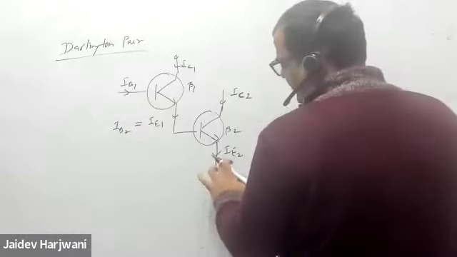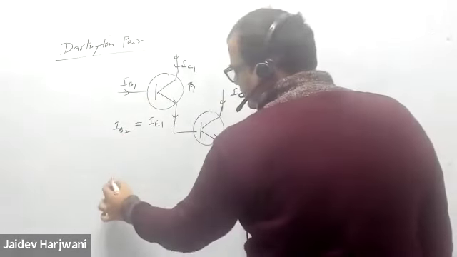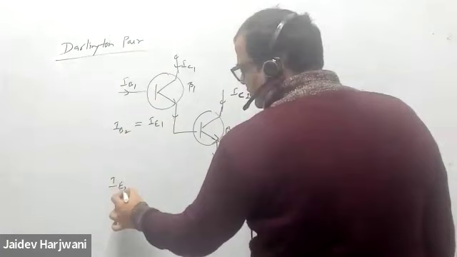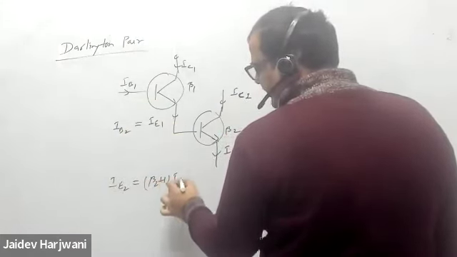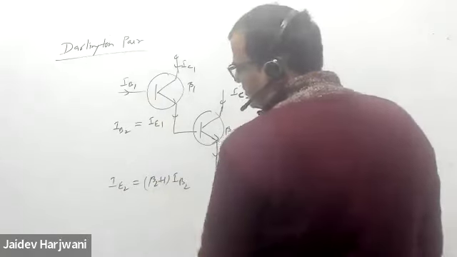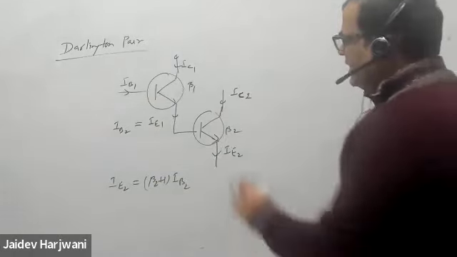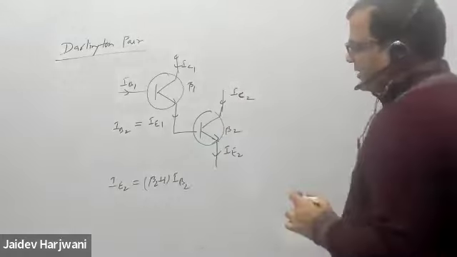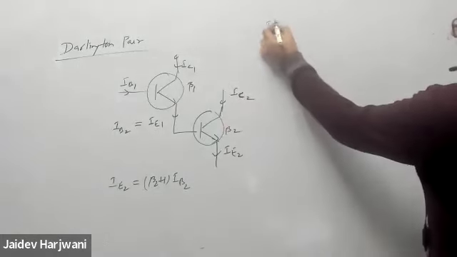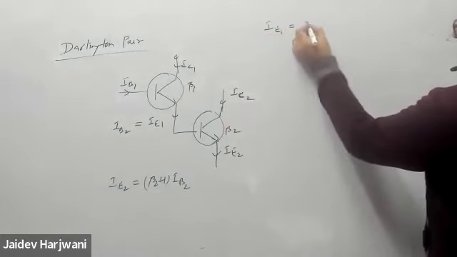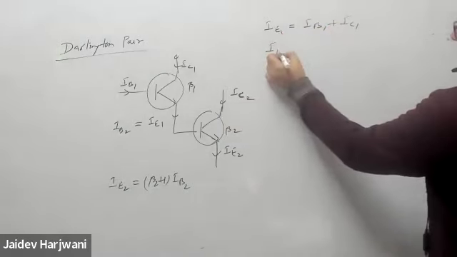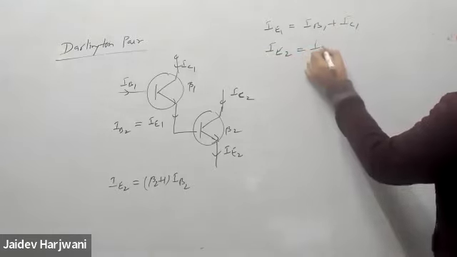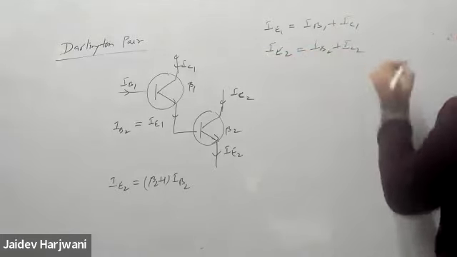So if I want to write this current IE2, IE2 is beta 2 plus 1 times IB2, because IE is what? The IE1 is basically your IB1 plus IC1. Similarly, IE2 is IB2 plus IC2.